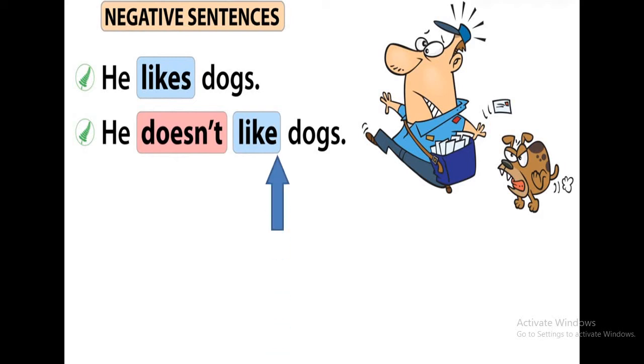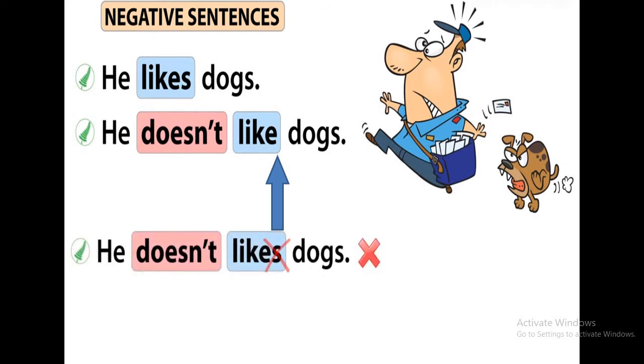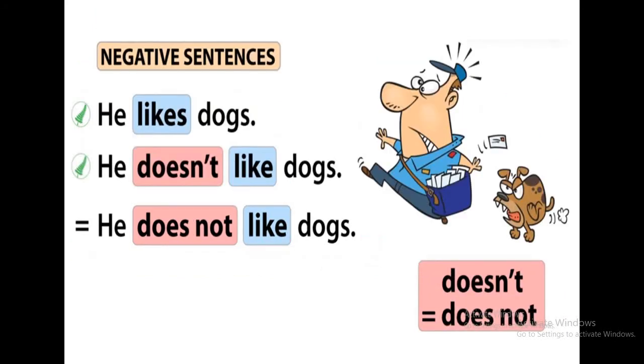Notice there is no S at the end of like. There is no S at the end of the verb in negative sentences. We cannot say, he doesn't likes dogs. No, this is not correct. He doesn't like dogs. This is correct. Also, doesn't is a contraction of does not. So you can say, he doesn't like dogs or he does not like dogs.